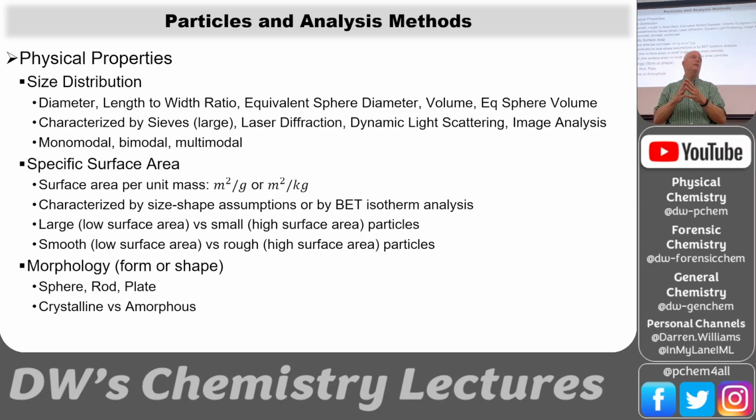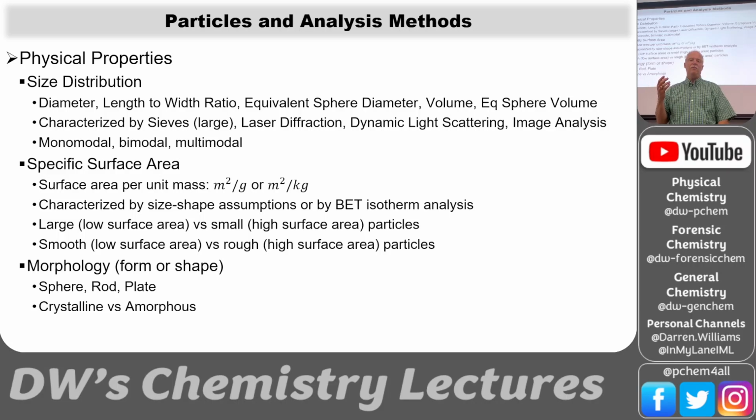Length to width ratio. That's another way to characterize the particles. Then you can have equivalent spheres, and we'll talk about what that looks like today. Particle volume or surface area. We talk about surface area in terms of per unit mass. So how many square meters of surface are there per gram or per kilogram? And there's ways to determine that.